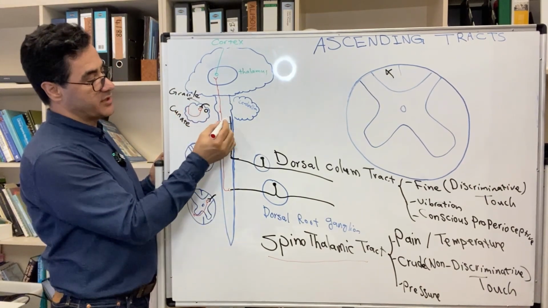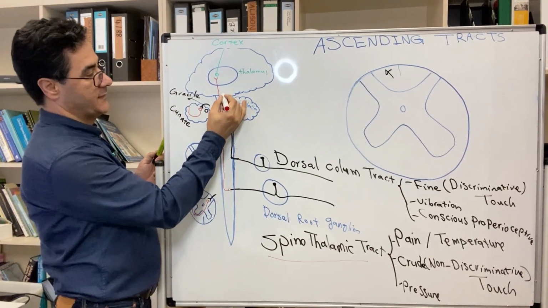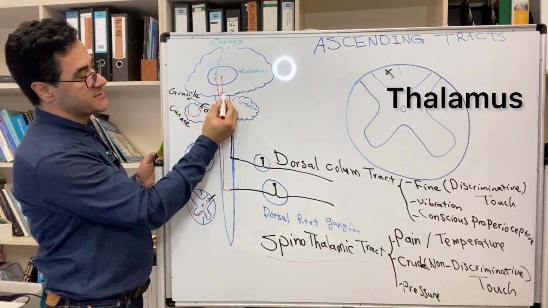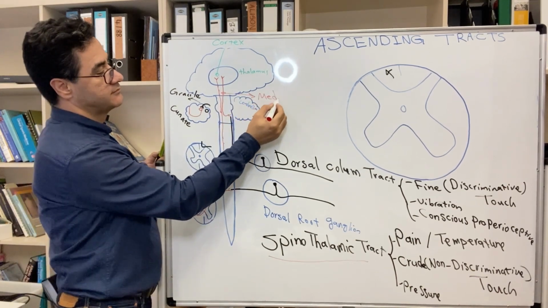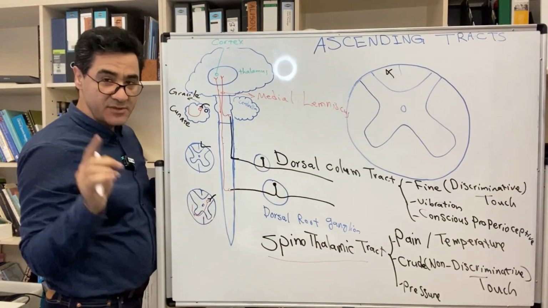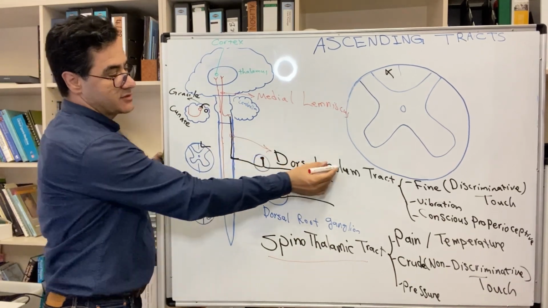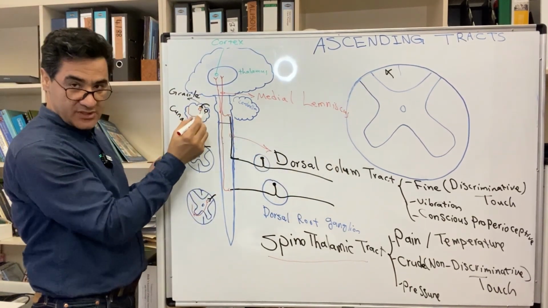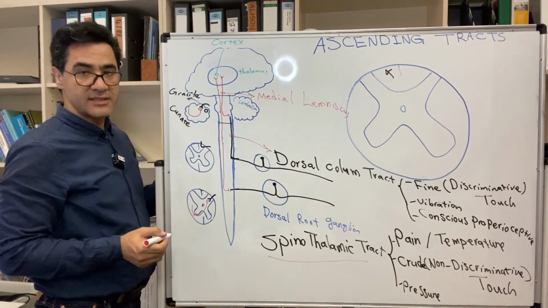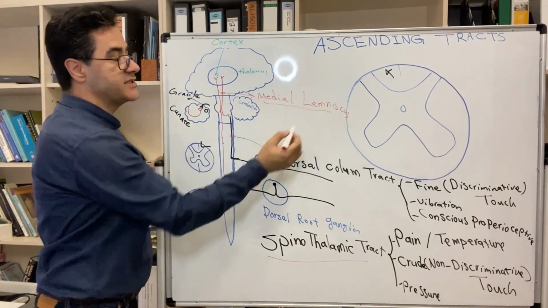And then it runs all the way up like this and gets into the thalamus. This is called the medial lemniscus. So keep in mind, the first order neuron is called the dorsal column tract. When it gets into the medulla, it synapses onto the cell body of the second order neuron, and it crosses and runs all the way up through the brainstem and makes the medial lemniscus.